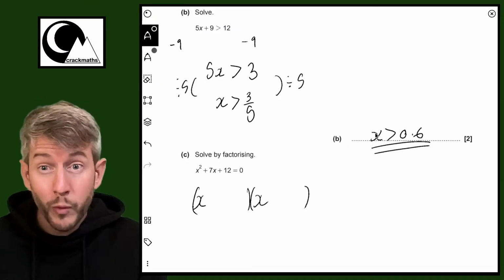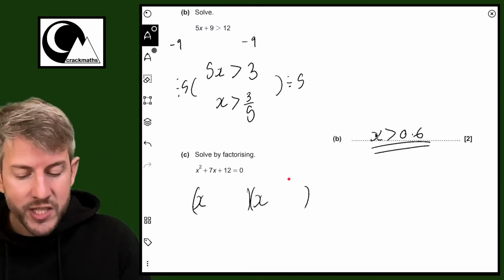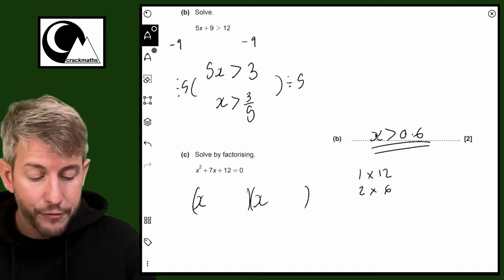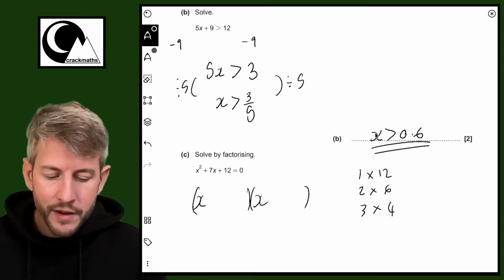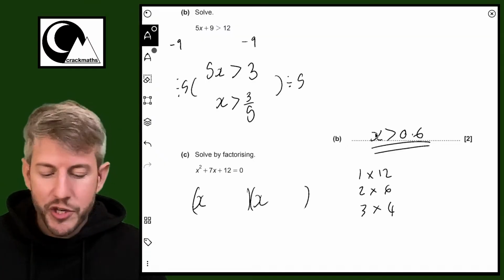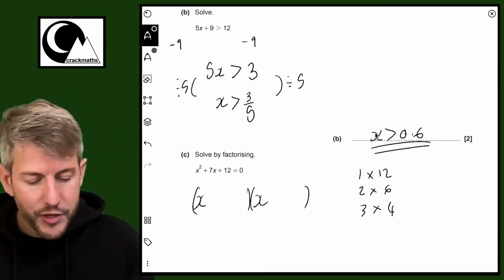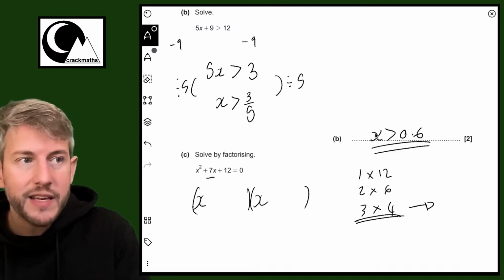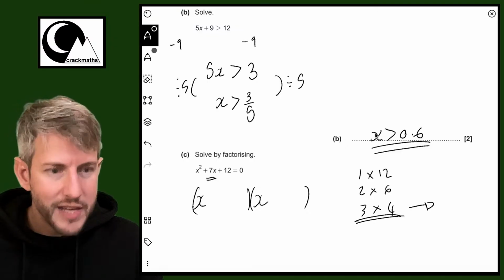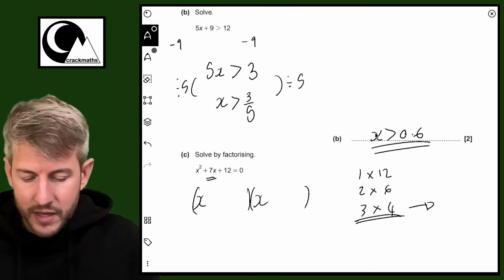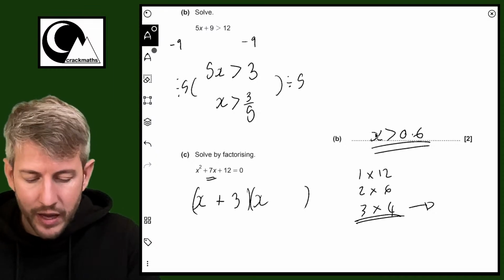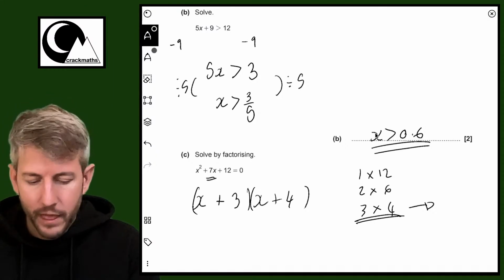Now, there's multiple ways of getting 12. We can do 1 times 12, 2 times 6, and 3 times 4. The way that we decide which two numbers it is, is that these two numbers have to add up to 7, because this is 7x. I can see that 3 add 4 is 7, so it's going to be here. So we're going to have add 3, and add 4.